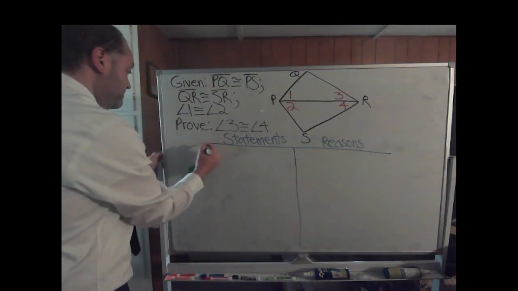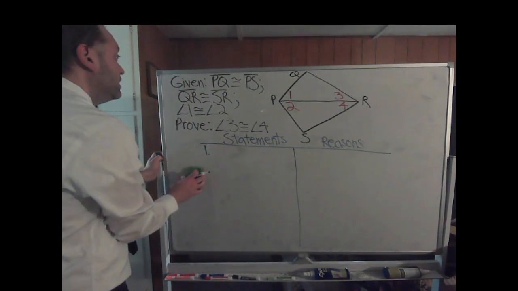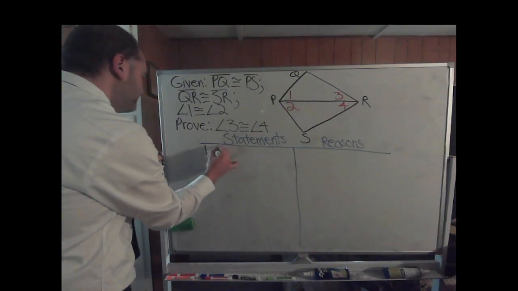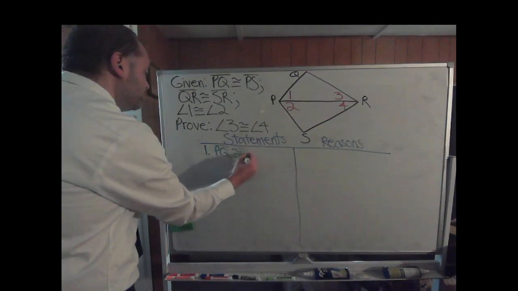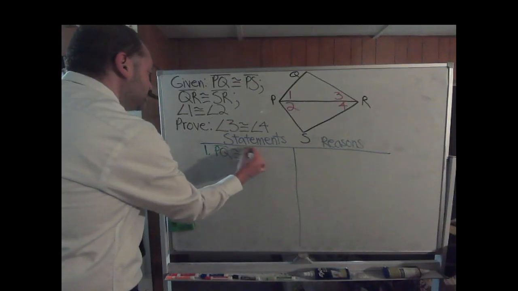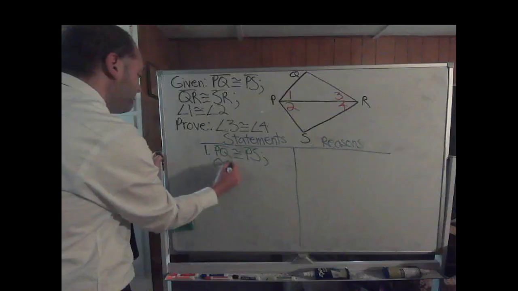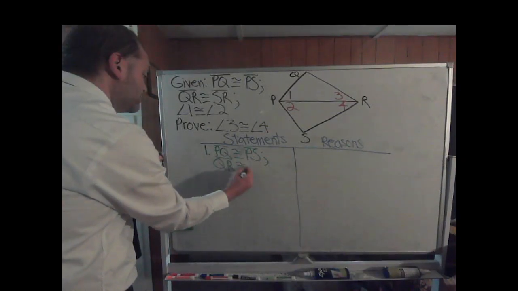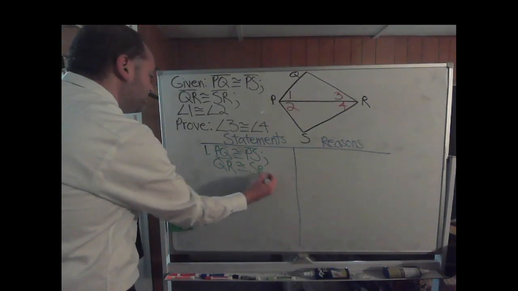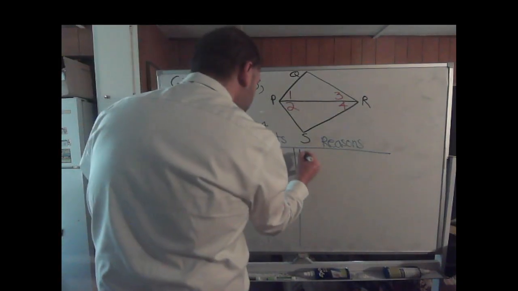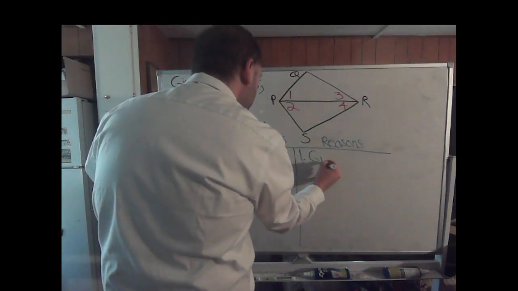Step 1, statement 1, is that PQ is congruent to PS. And the fact that QR is congruent to SR. We're not going to talk about the angles, at least not yet. Of course, the reason here is this is given information.